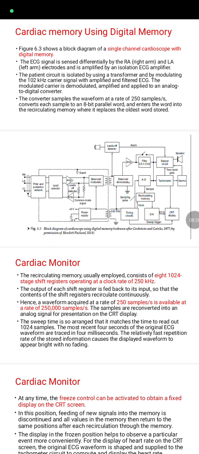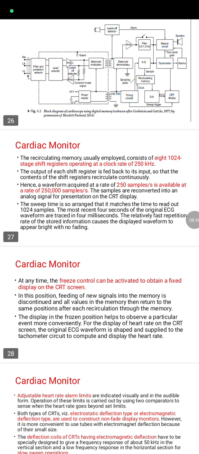The modulated carrier is demodulated, amplified and applied to an analog to digital converter. The converter samples the waveform at a rate of 250 samples per second, converts each sample to an 8-bit parallel word and enters the word into the recirculating memory, where it replaces the oldest word stored.